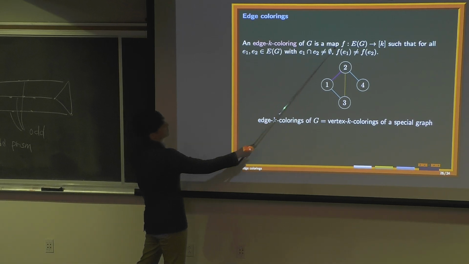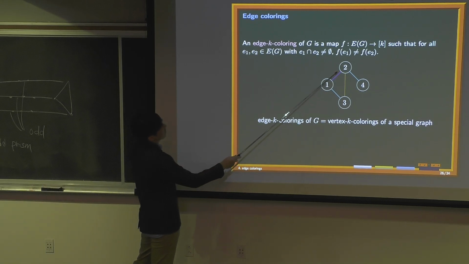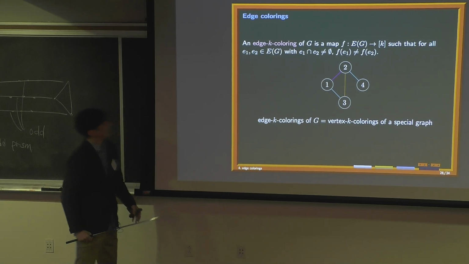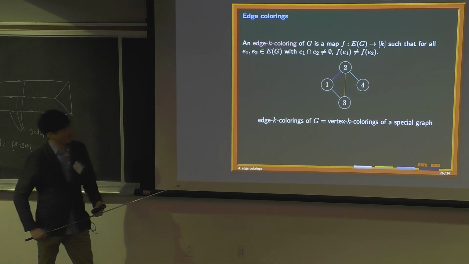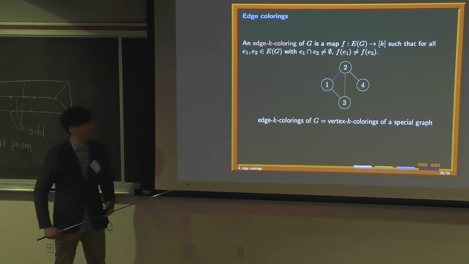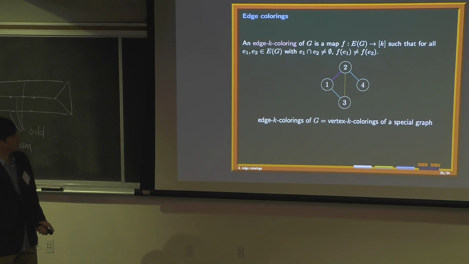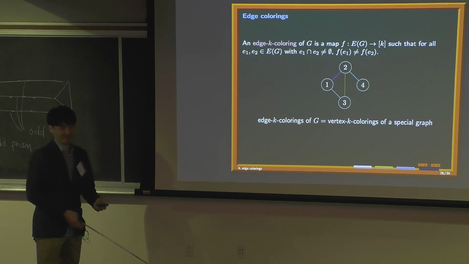For example, this is a 3-edge coloring. These two red edges have a common vertex, so their colors must be different. It is known that a K-edge coloring of G is just a vertex K-coloring of a special graph. Namely, edge coloring is a special case of vertex coloring.